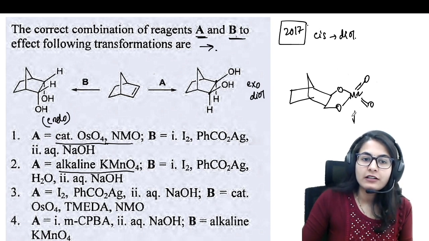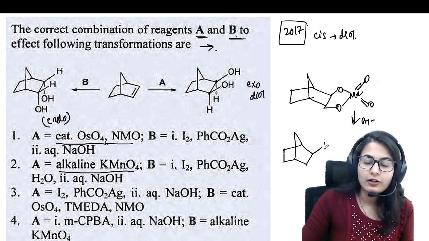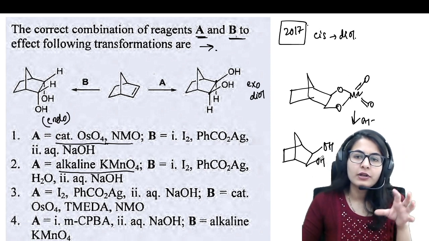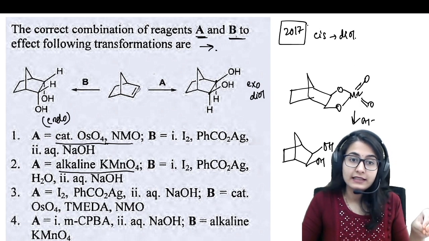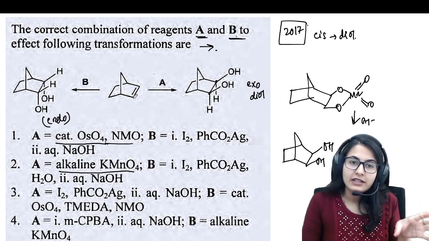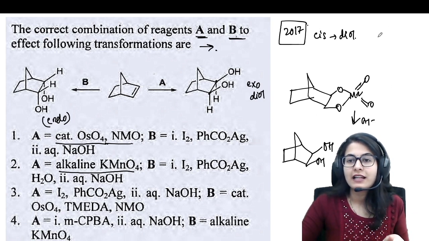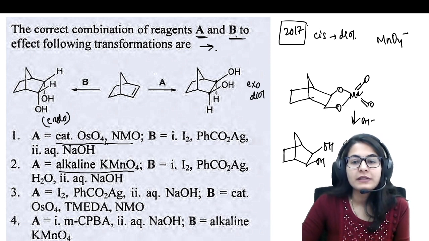Now this intermediate on reaction with OH minus is finally going to give you the diol on the less hindered side. Why is that so, guys? Because if the alkaline KMnO4 has to attack the alkene, it will do so from the less hindered side because it is itself a bulky molecule. MnO4 minus is a bulky ion, so it's going to do that from the less hindered side. It will give you the exo product.